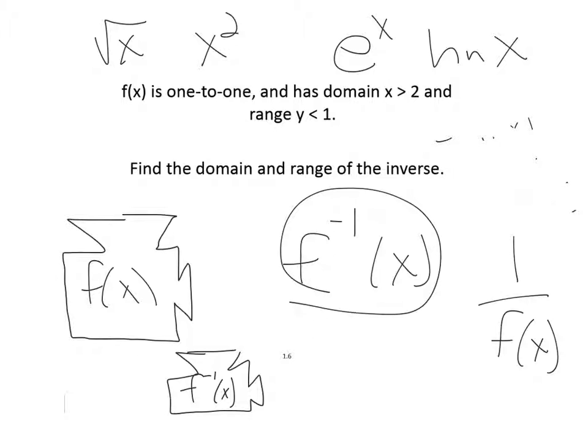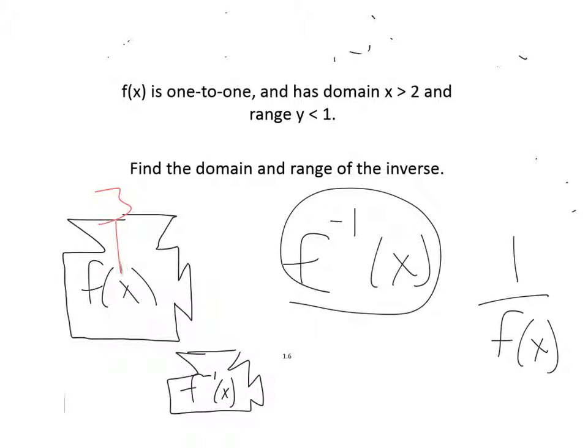So what does it mean about inverses? Well, if they undo each other, now what happens? Let's get back to my function machines. If I drop 3 into this original function f, and I get 2 out, for whatever rule it is, it could be anything. But then if the next function is the inverse of f, if I drop the 2 into there, I'm going to get 3 out.